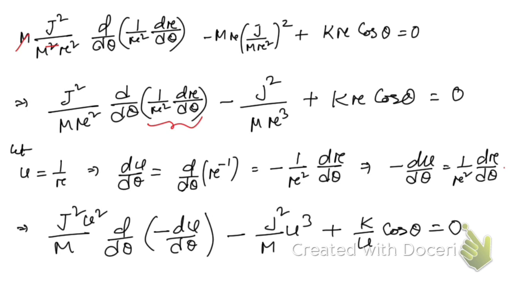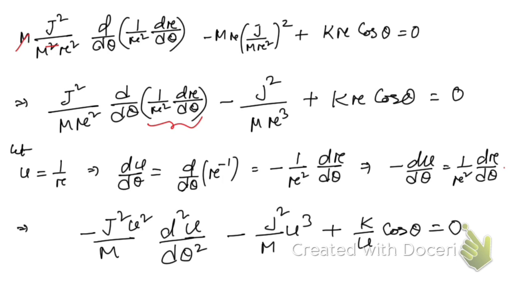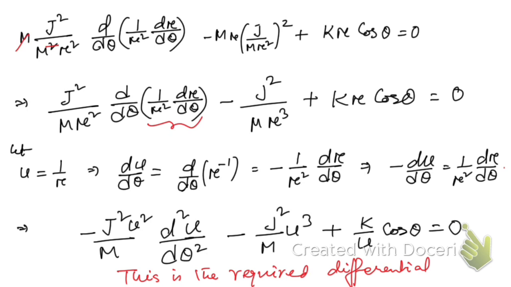We can write it this way, and this part is nothing but the second order derivative of u with respect to theta. So this is the differential equation. This is the required differential equation. Hope you have understood this.